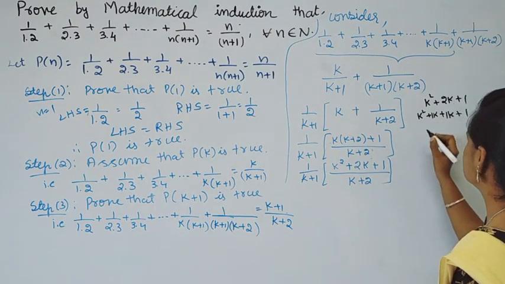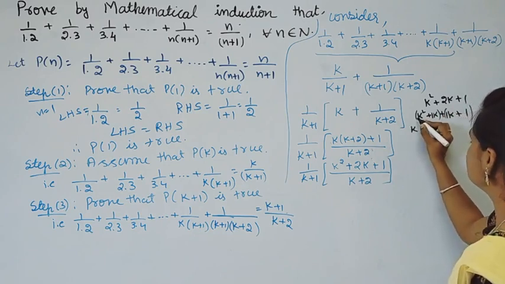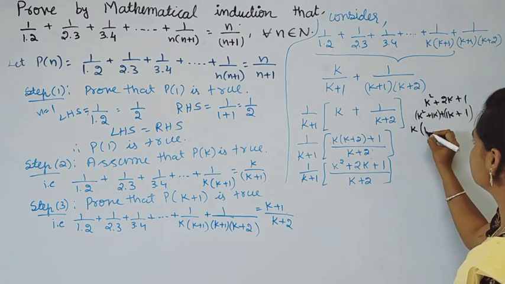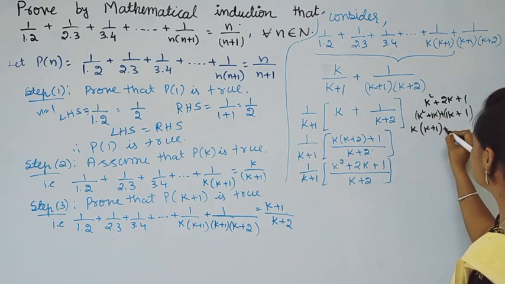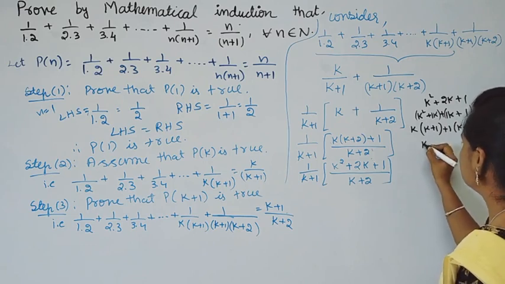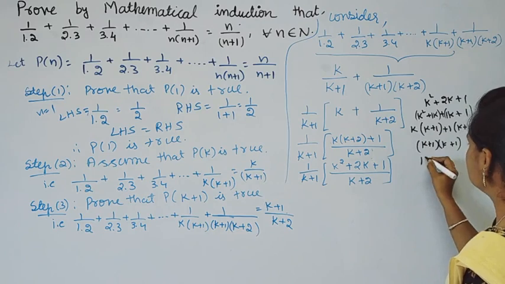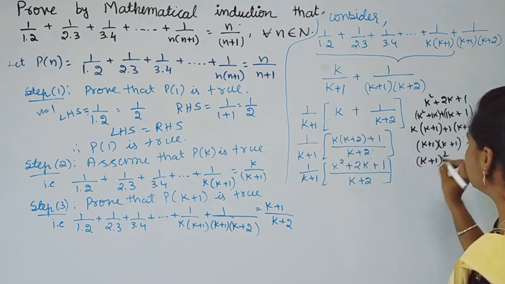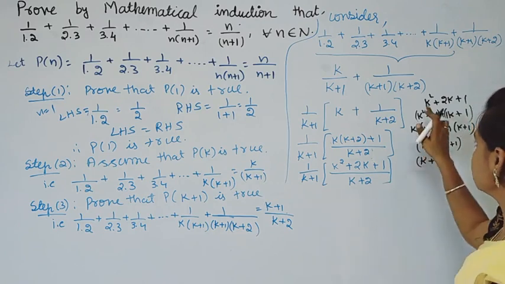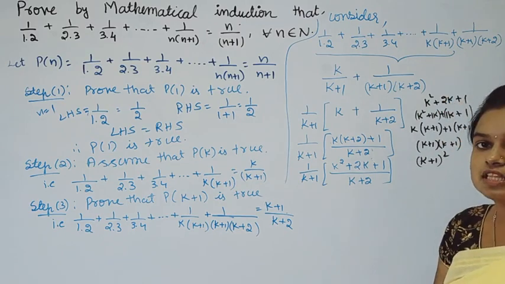Next, group the terms and take the common term. Here take k as the common factor, so it becomes k plus 1, plus here take 1 as the common factor, so it becomes k plus 1. It is nothing but k plus 1 the whole square. The factorization of k square plus 2k plus 1 is k plus 1 the whole square.